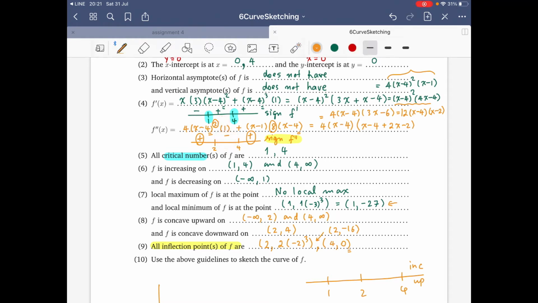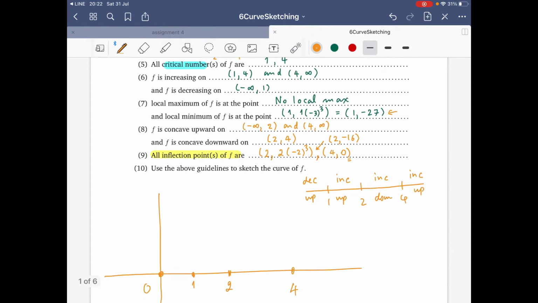So it's increasing still, but concave down. And then from 1 to 2 is still here, so it's increasing, and 1 to 2 is right here, right? Concave up. Okay, the last one beyond 1, so it's decreasing, concave up.